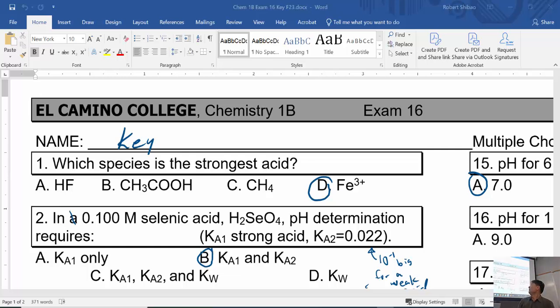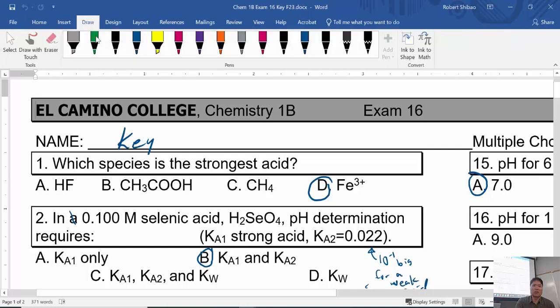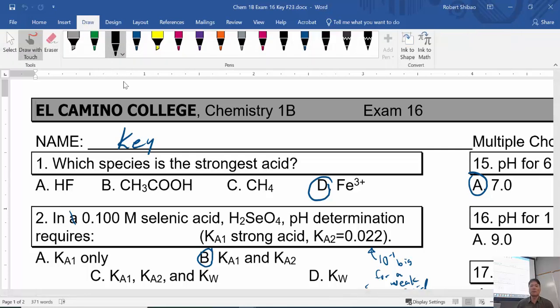All right. The question number one was pretty much just looking at the chart. All these species are on the chart. So if you take a look at the acid chart here, let's see.